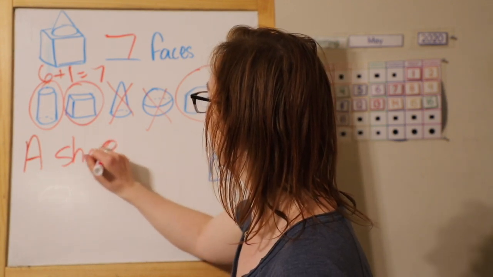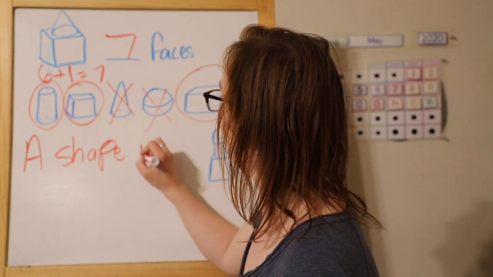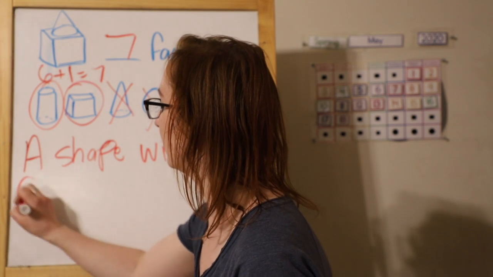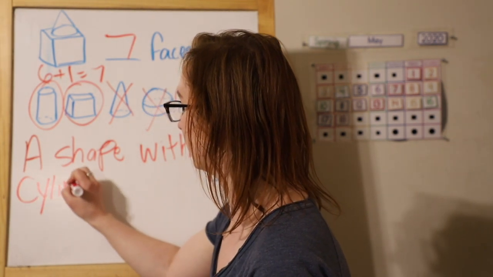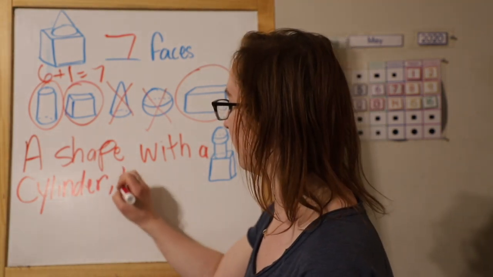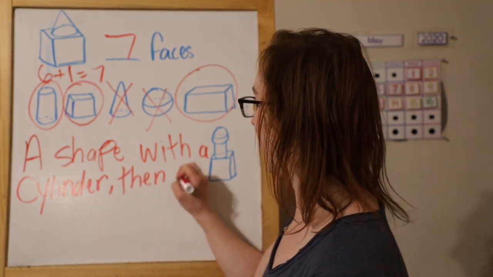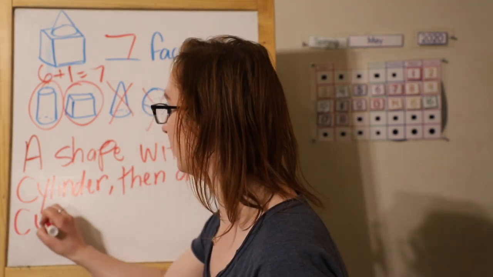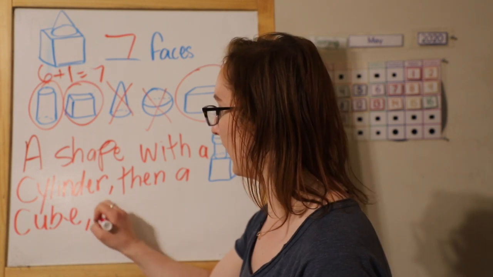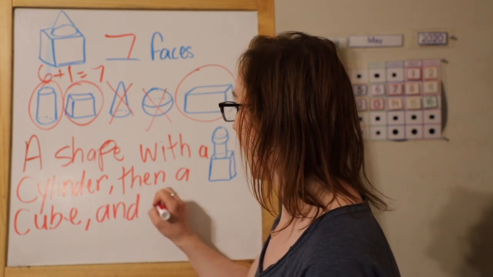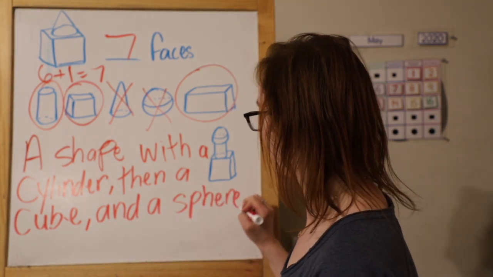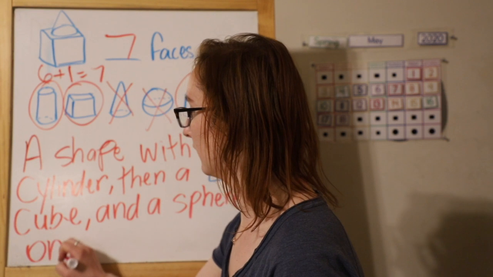So let me fix my P. A shape with a cylinder, then a cube, and a sphere on top.